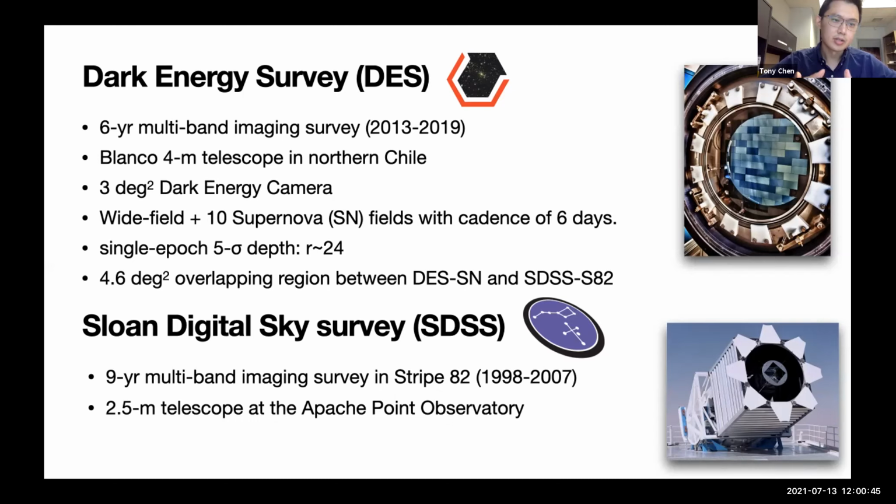There is a 4.6 square degree overlapping region between the Dark Energy Survey supernova fields and the Sloan Digital Sky Survey Stripe 82. We used the data sample in this small region, trying to search for possible periodic quasars, which might be possible supermassive binary black holes.